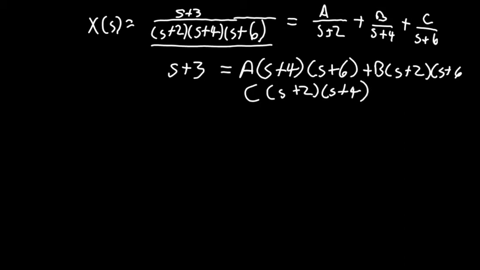And now in order to solve for each of these, you're just going to substitute in the value of s that corresponds to at least one of the terms in each section going to 0.